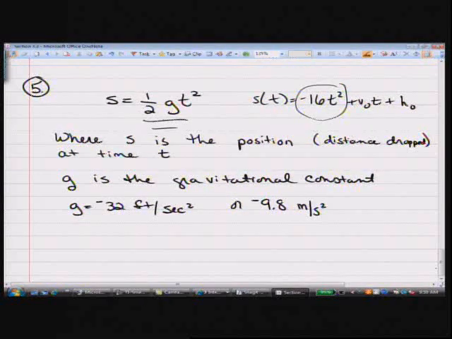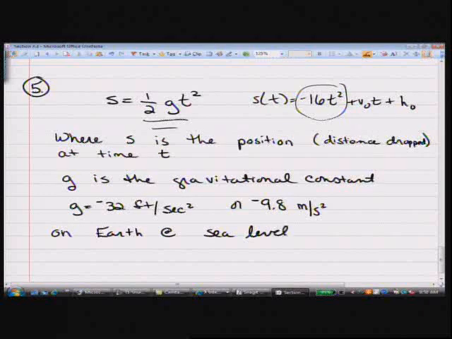And this is of course on the Earth at sea level. If you're on a different planet or a different location, like on a mountain, it has different things going on. So, for example, we have some free-fall equations. This is number 6.